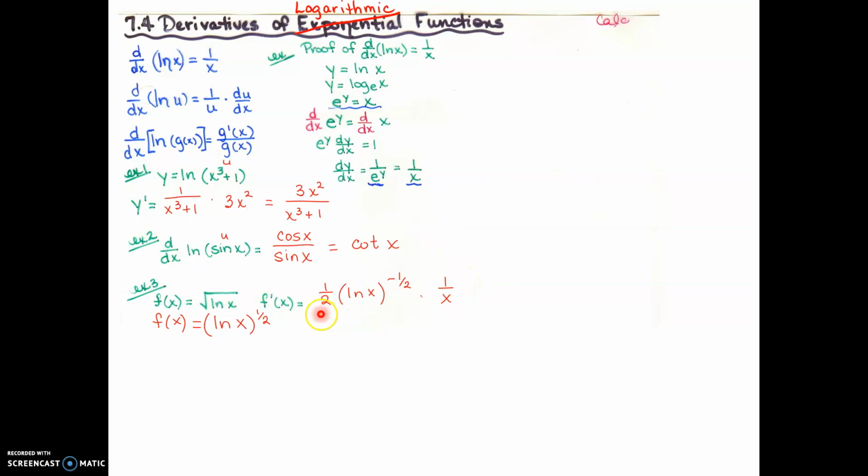So here's our chain rule: derivative of the outside times derivative of the inside. In terms of cleaning that up, you're welcome to leave your natural log with a rational exponent, or you can rewrite it with your radical. And they're not always making us rationalize our denominator, but you absolutely could.